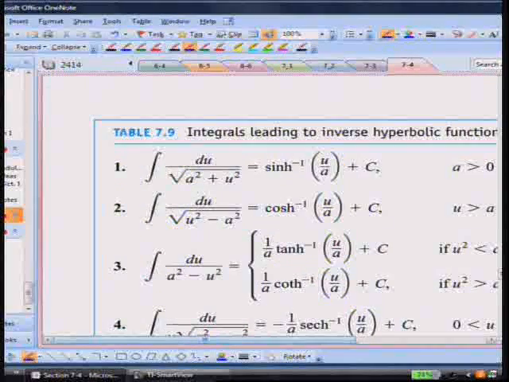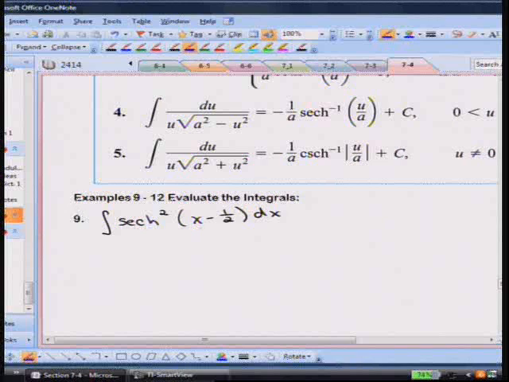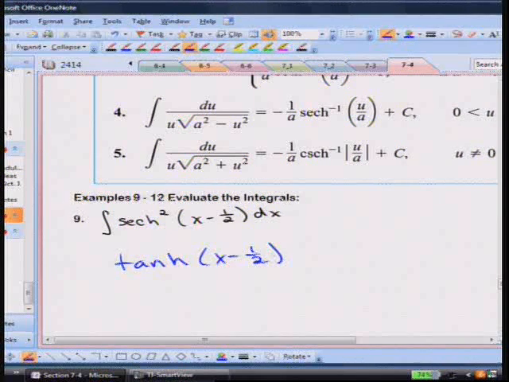So I'm going to use that. My u substitution, I don't really have to do much, because u is equal to x minus 1/2 and du is just dx. So this is simply the regular hyperbolic tangent of x minus 1/2 plus c.